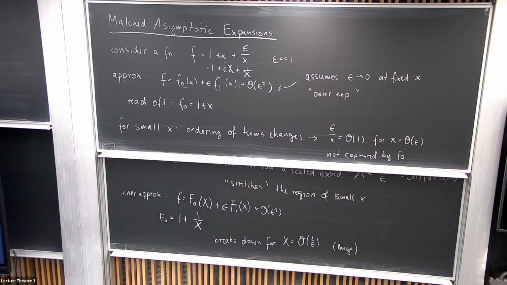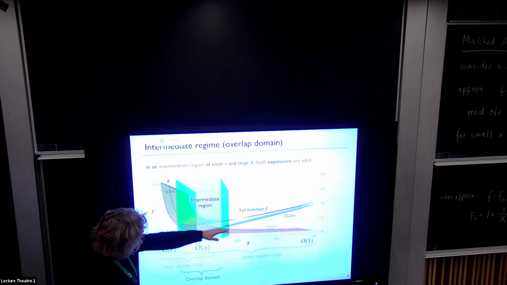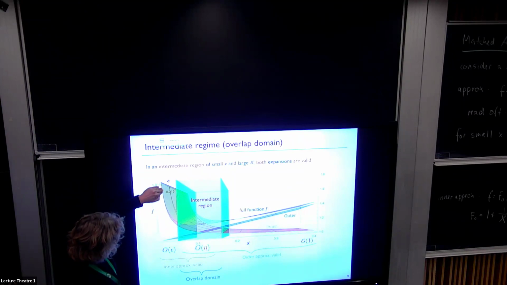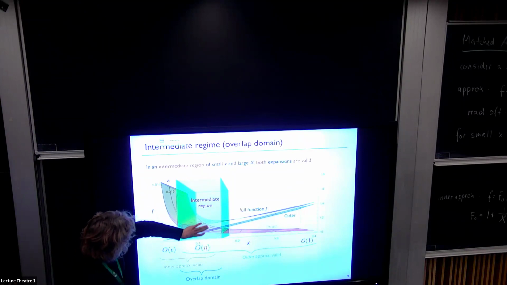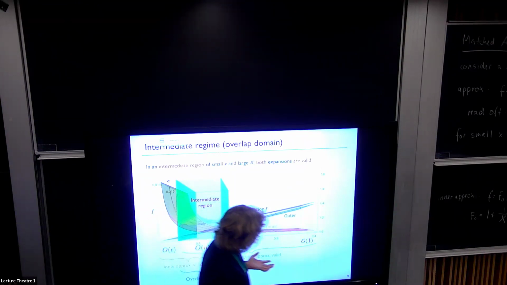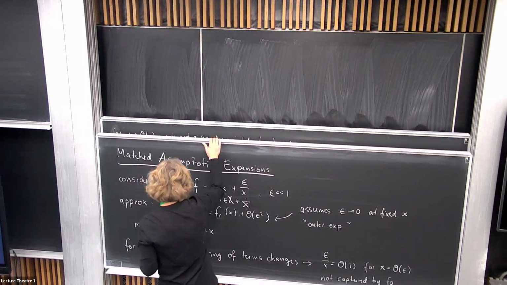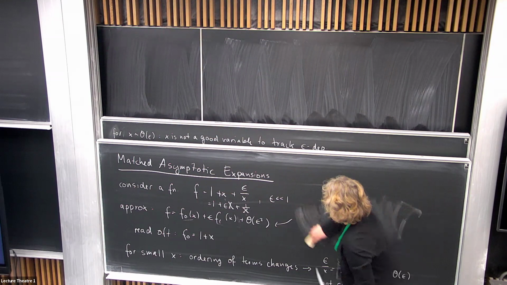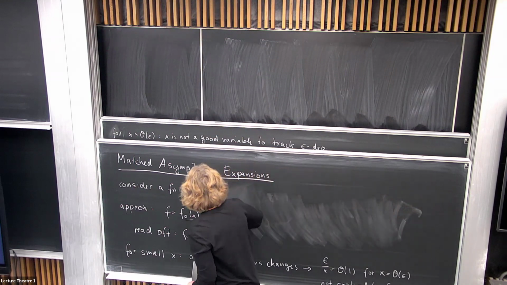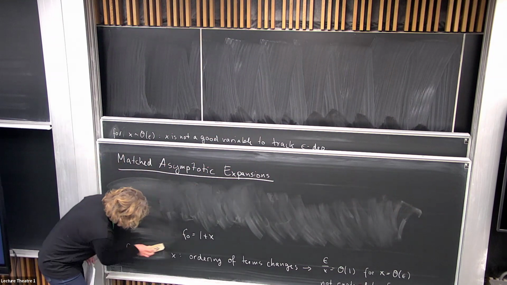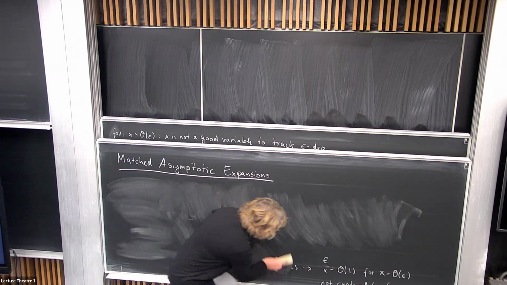If we plot both of these solutions, we had the outer solution, which was just 1 plus x, and the inner solution, 1 plus 1 over big X. And there's some intermediate region where both are not too bad. And this we call the overlap region, or in the plot I labeled it intermediate region, where both of them are valid. And the idea is then to match them in that region and then construct a full solution.